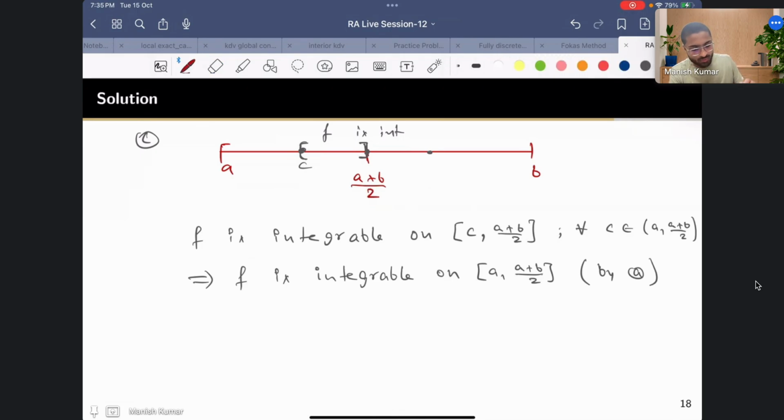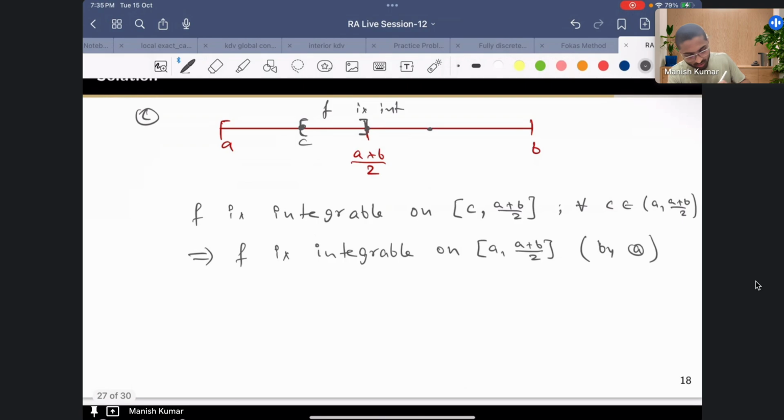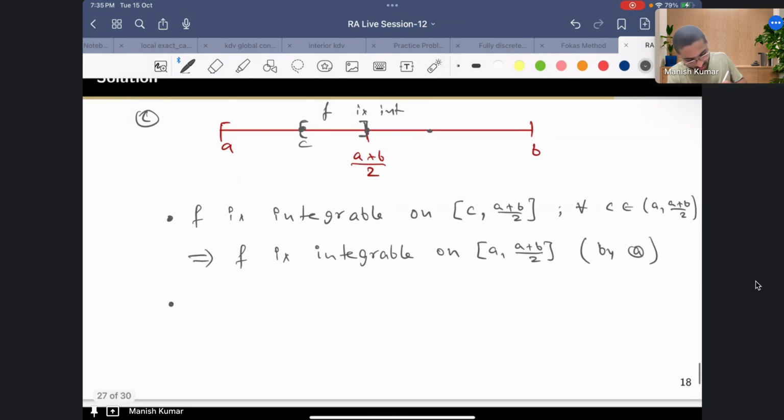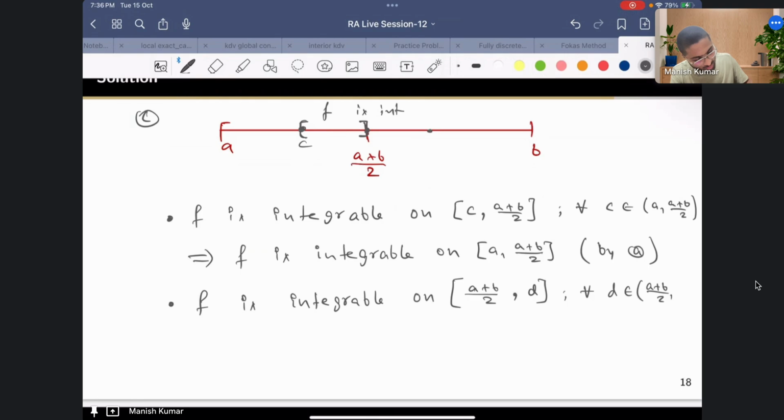Again, by the assumption we have, you can say that f is integrable on [(a+b)/2, d] for all d belonging to [(a+b)/2, b]. What is wrong?